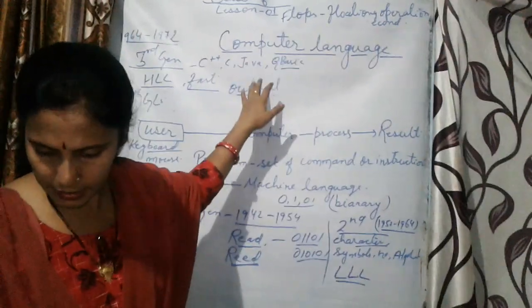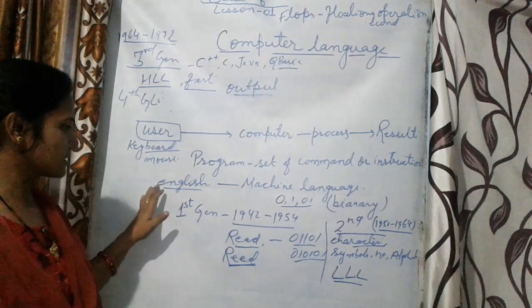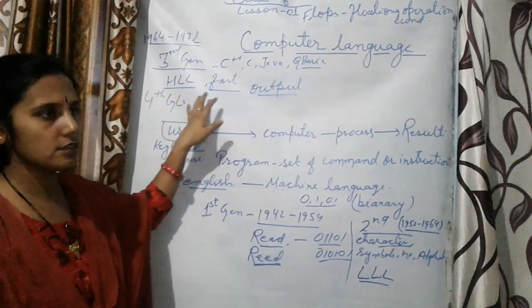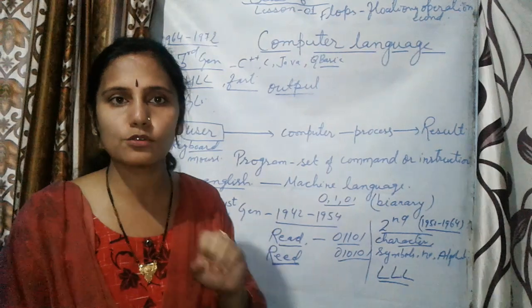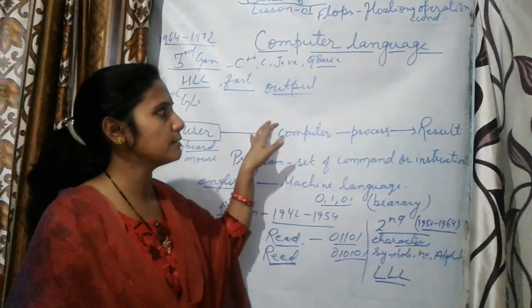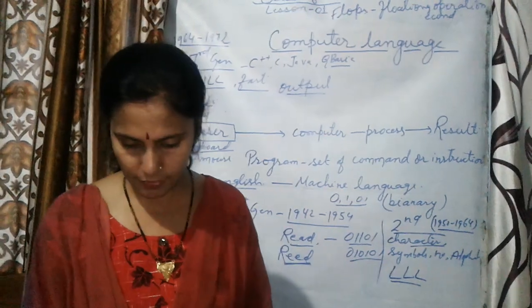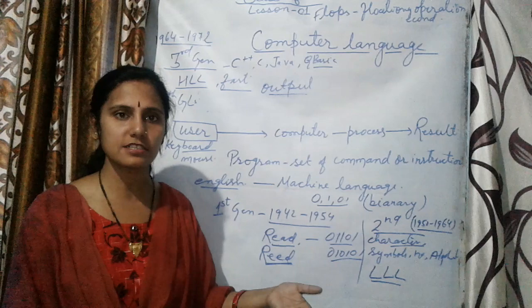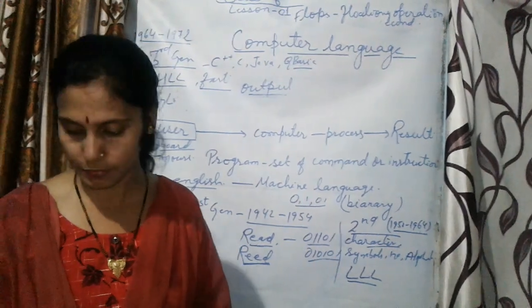So here we have learned the different generations of language: first generation, second generation, third generation, and fourth generation language. So what differences have you seen between the high level language and the low level language? In a high level language, the programmer writes in simple English language, using alphabets and numbers.